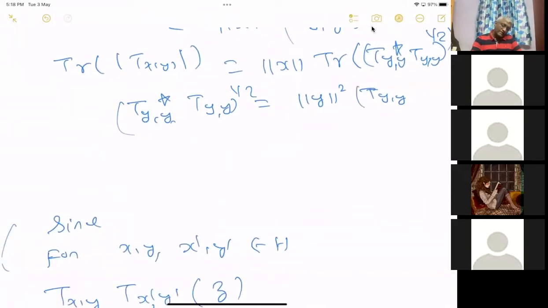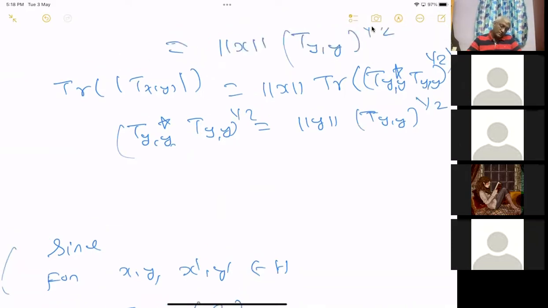We get Tyy, but we have a power half. Okay, what will I do with the power half? So Tyy acting on y will be, it's not norm. It doesn't get into.